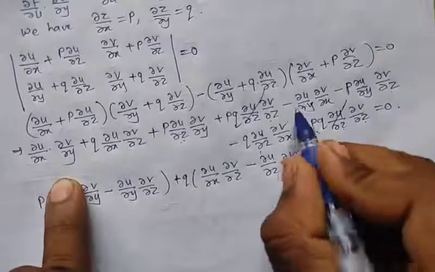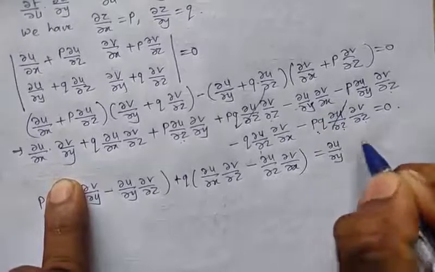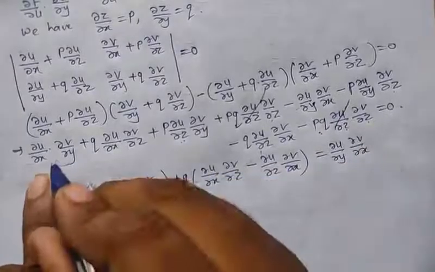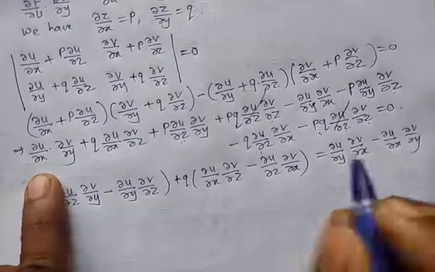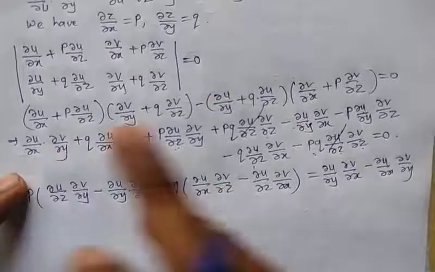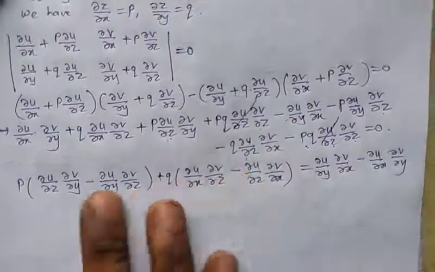So here is minus, so on our right hand side we will get plus ∂u/∂y ∂v/∂x, and here minus ∂u/∂x ∂v/∂y. So putting this value on the right hand side, we will get minus. Okay, so here we get this term.